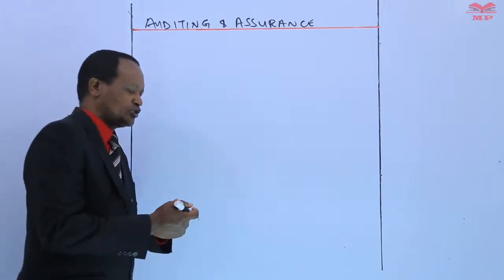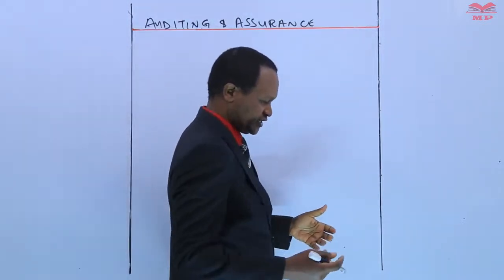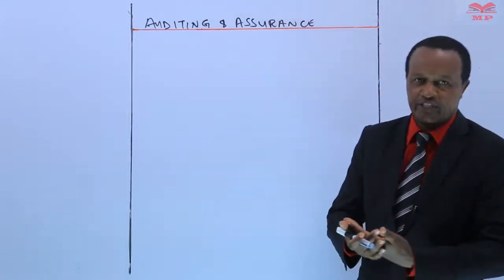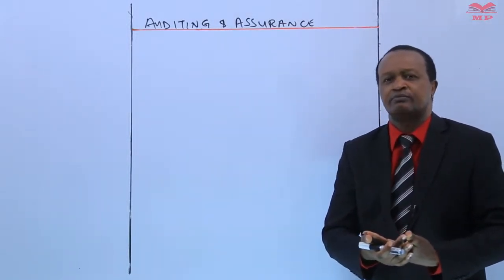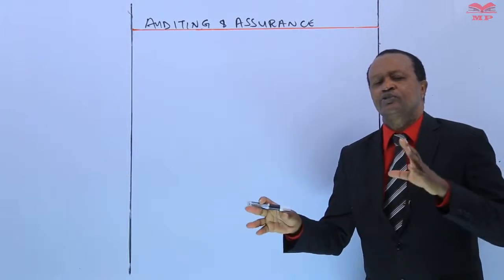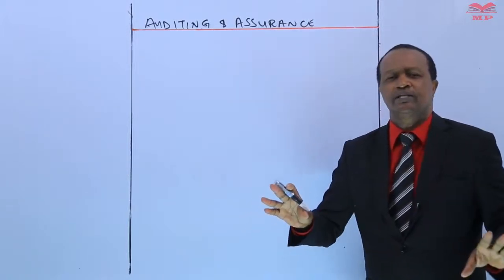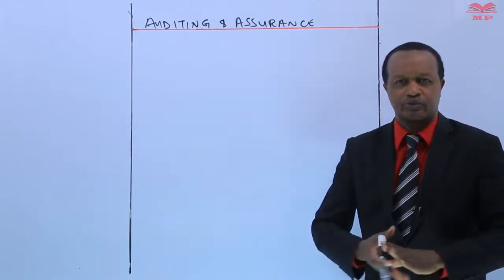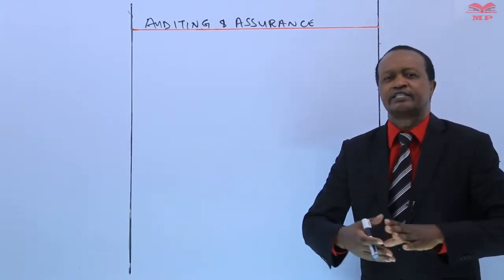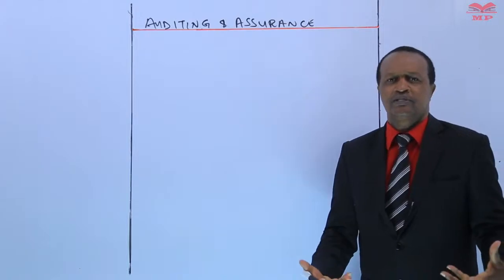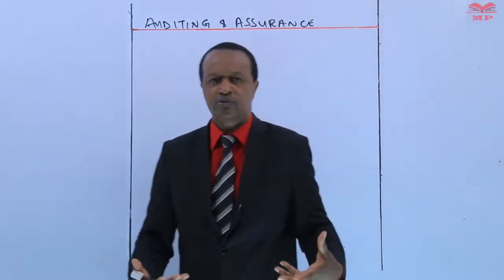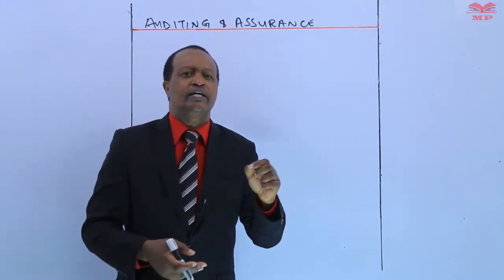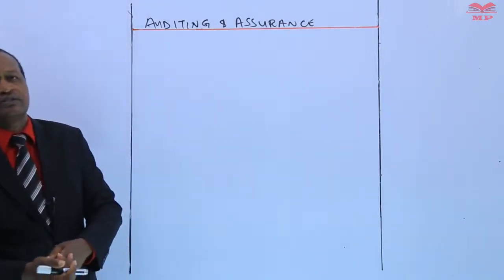And I know most of you, by now you have studied the agency theory, particularly in relation to management and ownership of corporations. There is that agency problem that arises due to the separation of ownership and control in modern corporations.